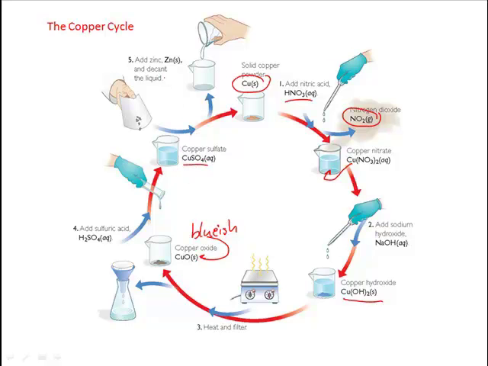We added zinc to it and there was a huge change where the copper sulfate solution turned clear, or almost clear, and we got the copper powder again at the end, even though it was wet. It looked a little bit different, but it was still that brownish copper color, and if we tested it and dried it, it would be the same material, same element.